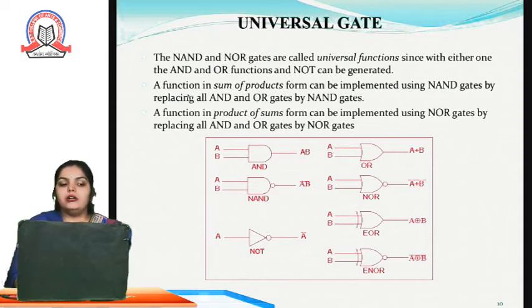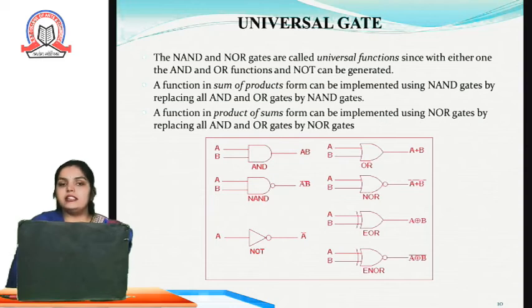Functions in sum of products form can be implemented using NAND gates by replacing all AND and OR gates with NAND gates. And for the function in product of sums form, you can replace the AND and OR gates with NOR gates.